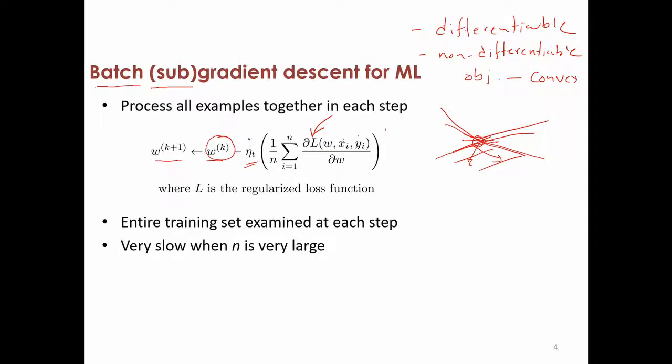You select eta t according to some step size rule, so that descent is guaranteed, that is, your objective function value either remains the same or decreases with this wk.